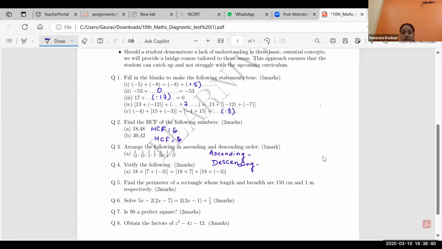And 1/5, 1/7, 1/9, 1/12, 1/17, and 1/23, and 1/50.